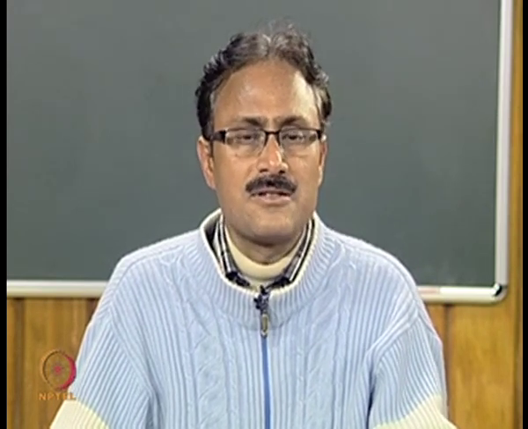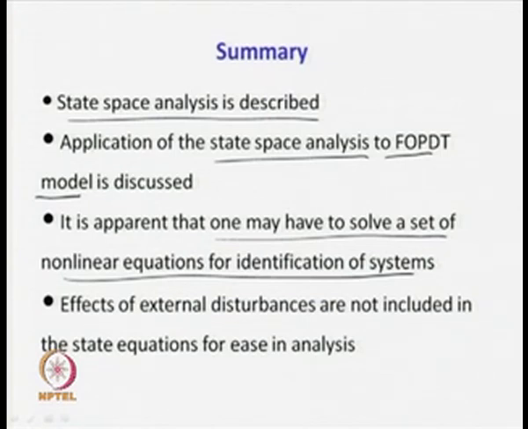As I have told, for higher order systems, we may get a set of nonlinear equations from the state space analysis. The state space analysis will give you exact equations, but the equations might be highly nonlinear in nature. Then how to handle such nonlinear equations? Care must be taken to choose judiciously the initial conditions or initial solutions when solving such a set of nonlinear equations.